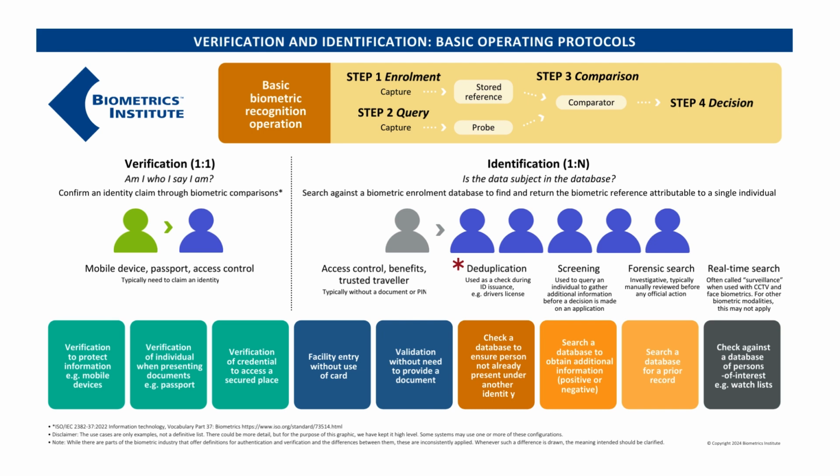Deduplication is kind of a big word, but really what it's doing is, say, for example, it's an identity system for a government, right? And you've got a new person looking to get an identity in the database. So the first thing it may do is search the whole database to ensure you're not already there under your own identity, right?